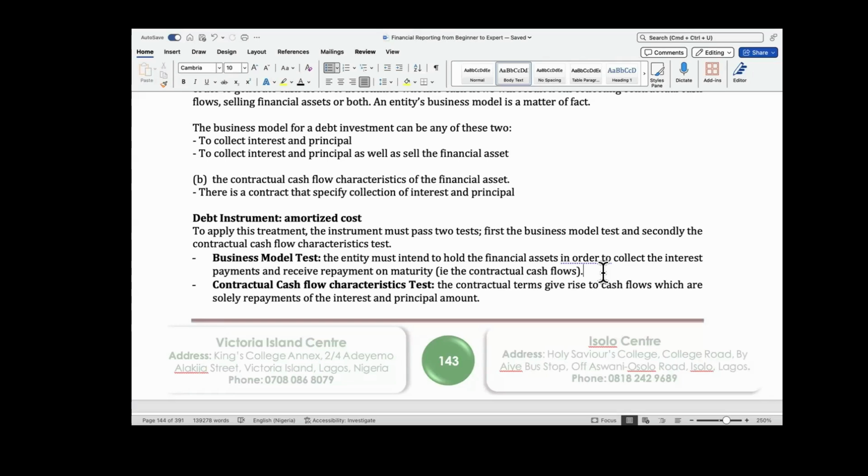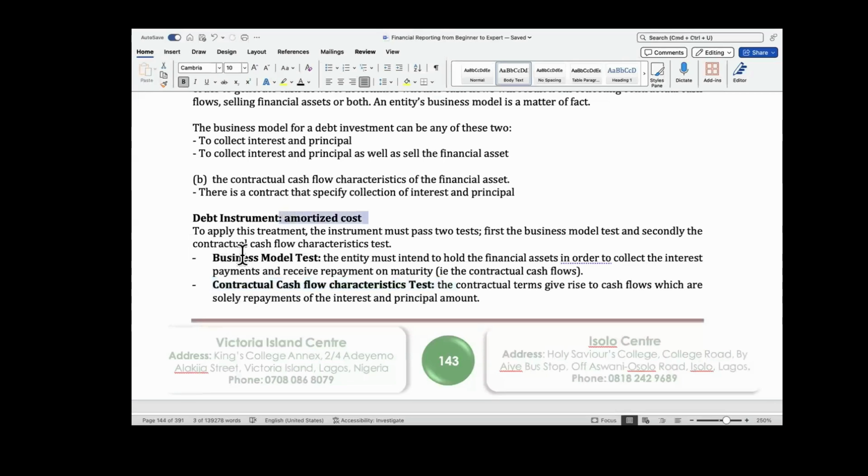Okay, and of course, there must be a contract that shows this is the amount of interest you're getting, and this is the principal you get back. There must be a contract that actually shows that. So that's the contractual cash flow characteristics test. If that exists, then you can classify at amortized cost.